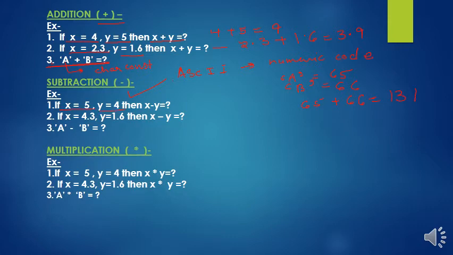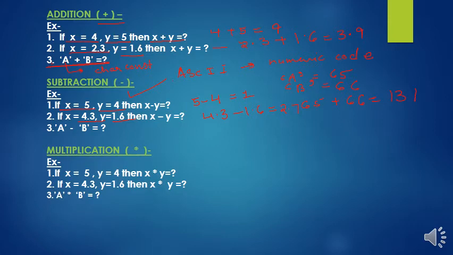Then x minus y means 5 minus 4. Answer will be 1. Second, the value of x equal to 4.3 and y equal to 1.6. So 4.3 minus 1.6 is equal to 2.7.